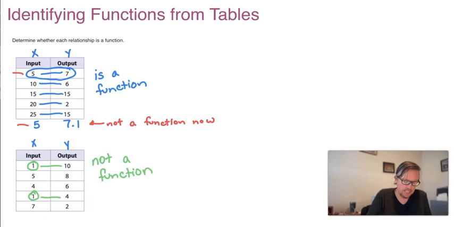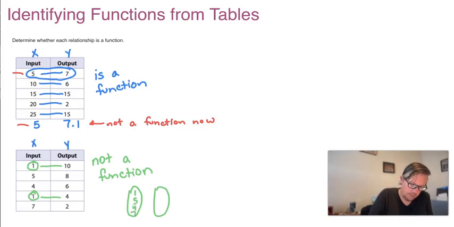If I were to draw this as a mapping diagram, I would have the 1, 5, 4, and 7, my inputs, and then I would have the 10, 8, 6, 4, 2 as my outputs.